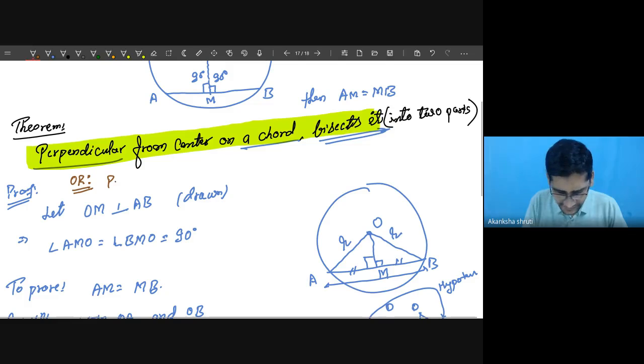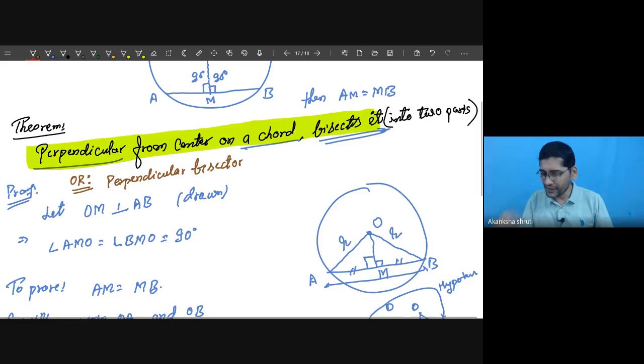Perpendicular bisector. Okay, student? This time we are taking the perpendicular bisector, not only perpendicular, because on this length we can draw a perpendicular here also, but drawing it in the middle, this is the perpendicular bisector of AB. So this bisector will pass through the center O. That is the other way.